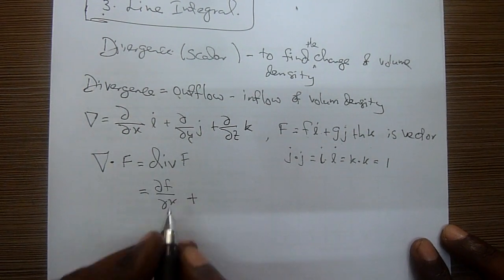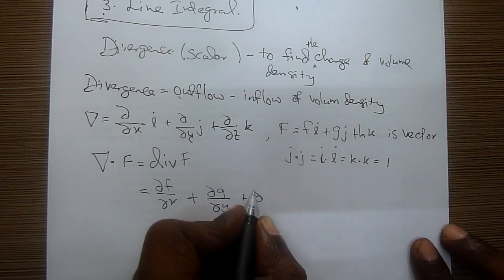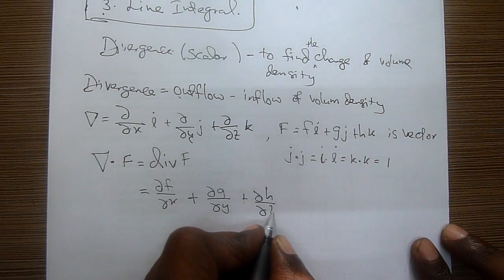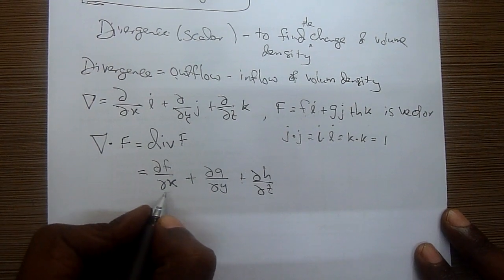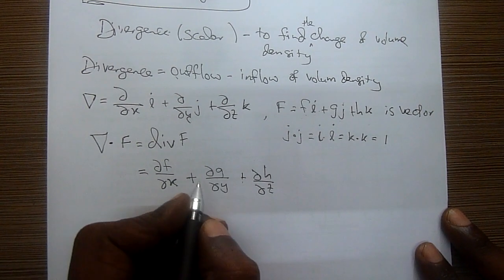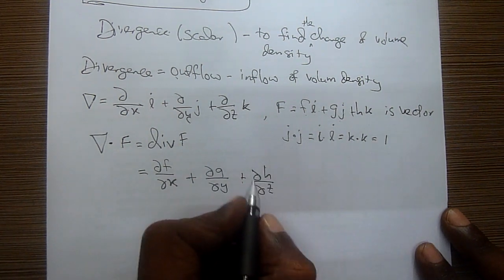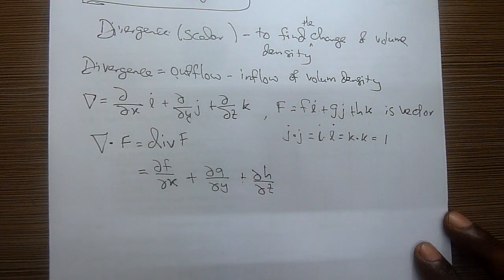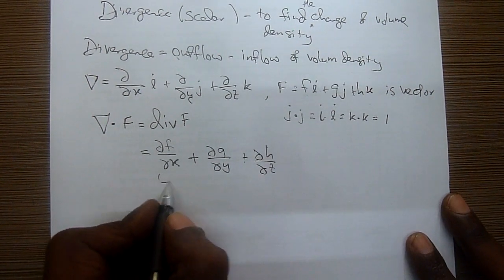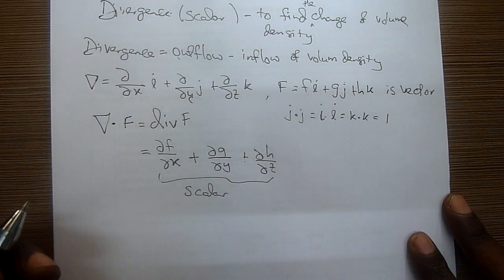Therefore, you will get del g/del y, del h/del z: partially differentiated f towards x, partially differentiated g to y, and del h to del z. This value is a scalar value.